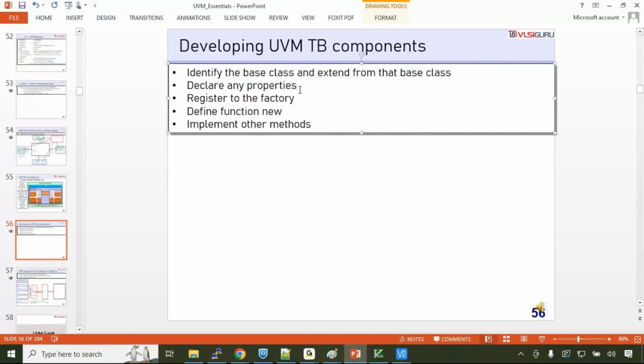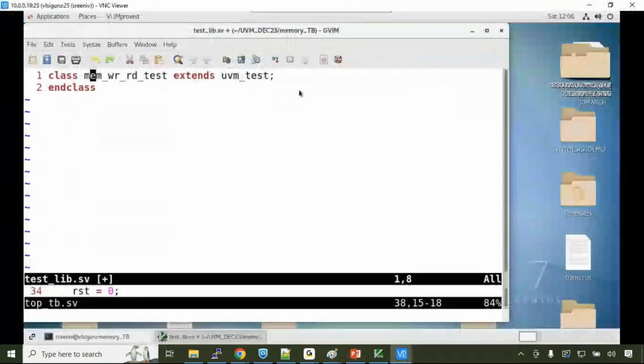Declare any properties or subcomponents. Instead of declare, I will say instantiate any properties or subcomponents. Below the test, what is the subcomponent? Remember the diagram?